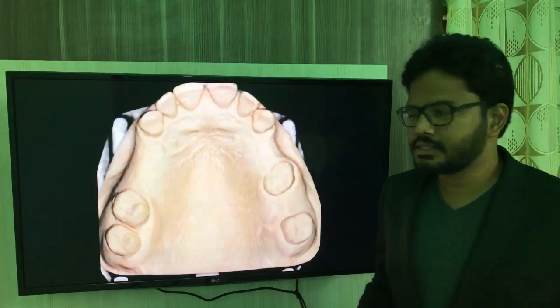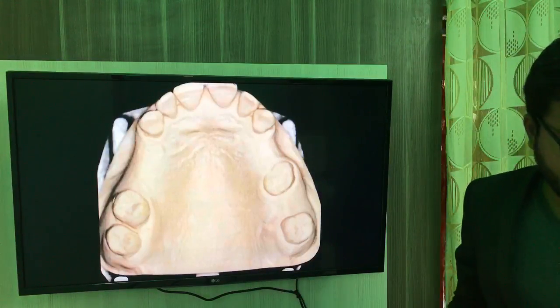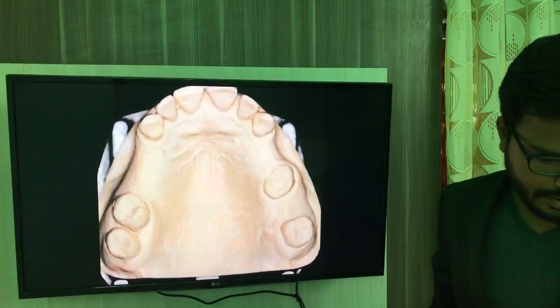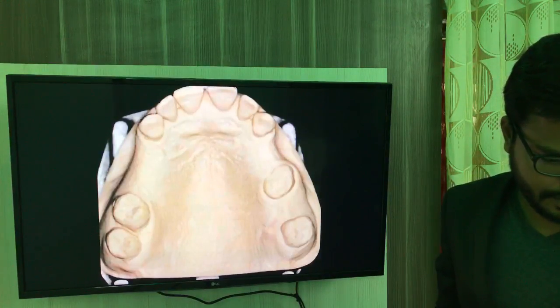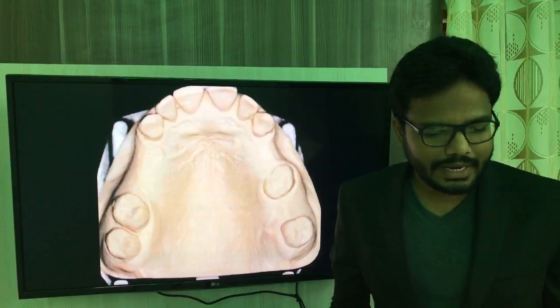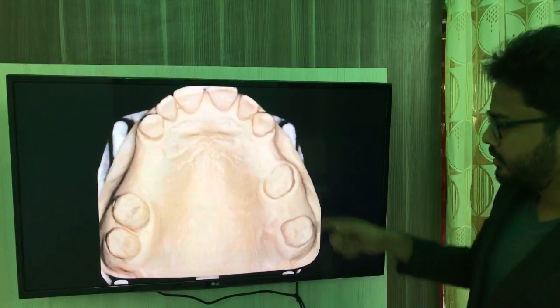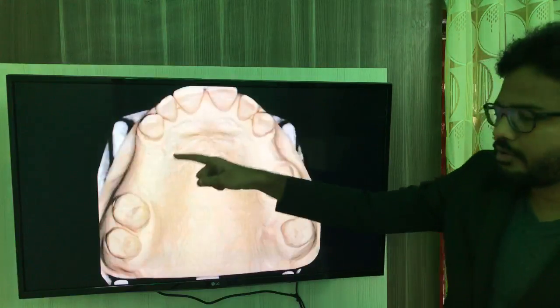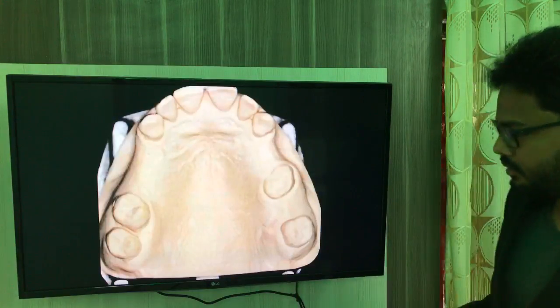That's it. As simple as that. So it belongs to class 3, modification 2. Good.